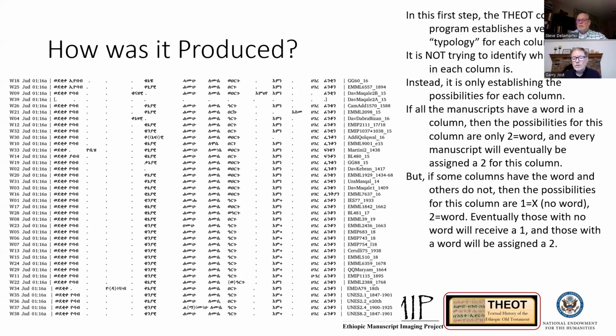Eventually, those with no word receive a 1, and those with a word will be assigned a 2. An example here is the second column, where, first of all, the 4th one has the square bracket, and so we don't know what is there. But then there are 2 manuscripts that don't have the word, and so those will eventually get a 1, and all of those that have the word will be assigned a 2.